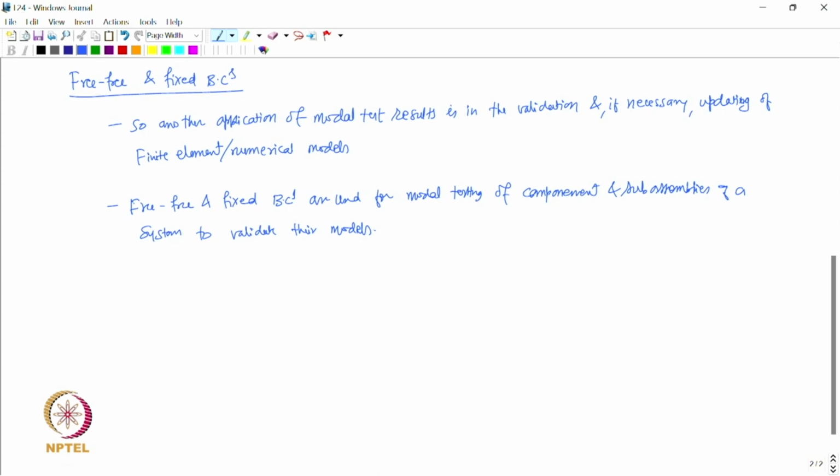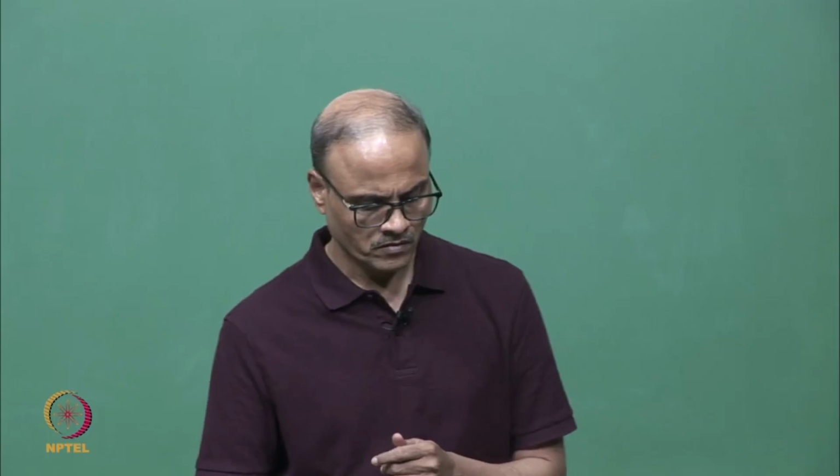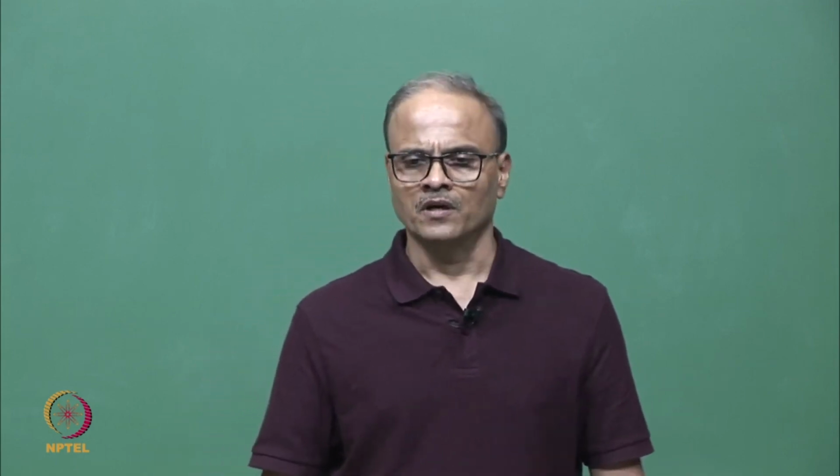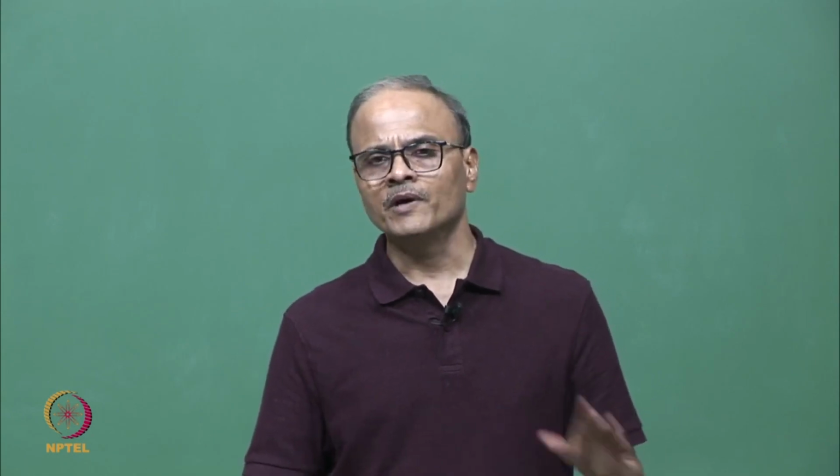So let us first talk about what is free boundary condition. The free boundary condition means that there is no constraint on the structure or the system, and therefore it is free to move in any direction. A body in space can have 6 independent motions, 3 translations and 3 rotations.